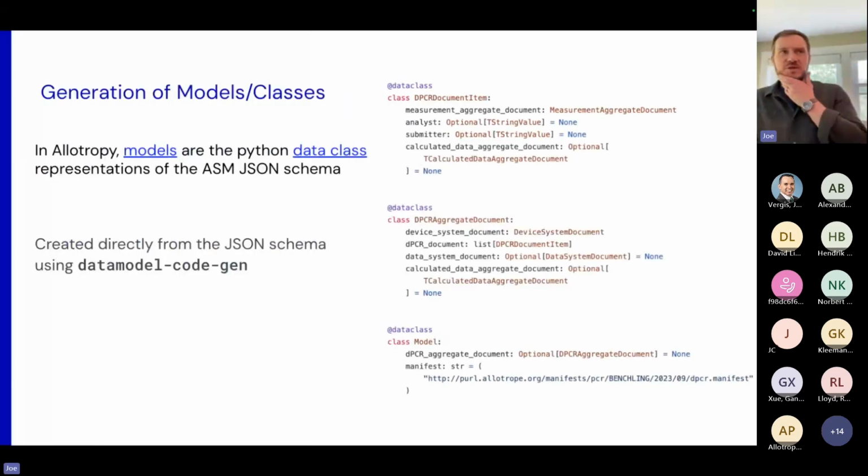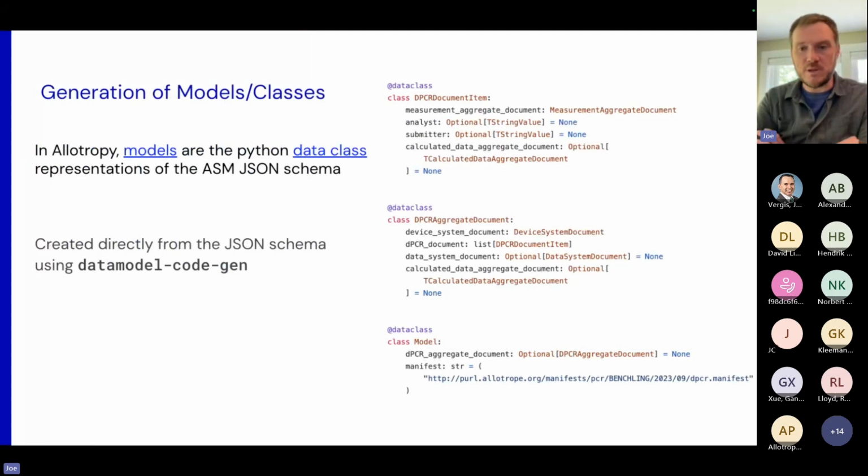For folks who don't come from a development background and aren't familiar with Python classes, within the repo we have what we call models, which are really just class representations of the ASM JSON. For folks more familiar with the JSON, if you look at these classes on the right, you can see how they map to portions of the schemas.